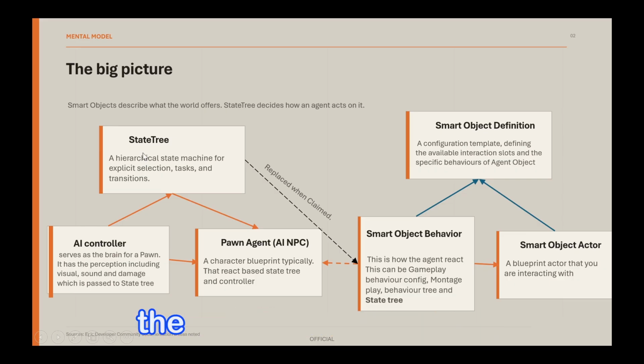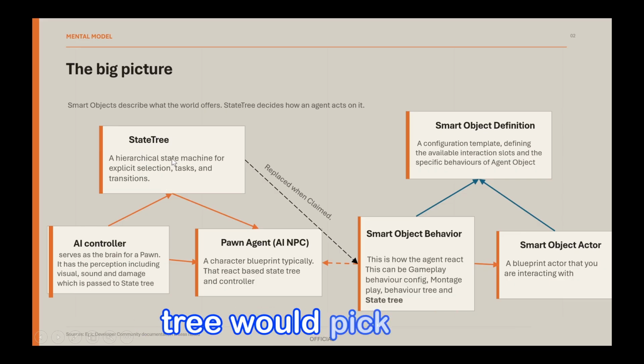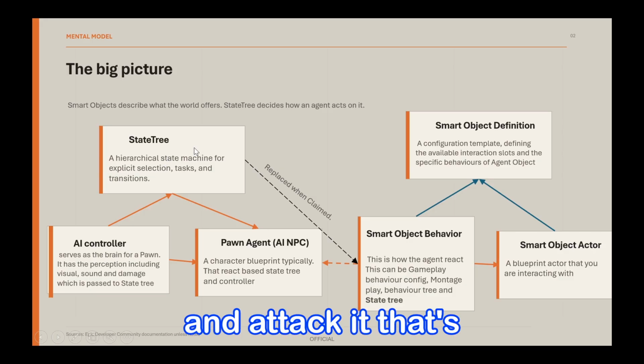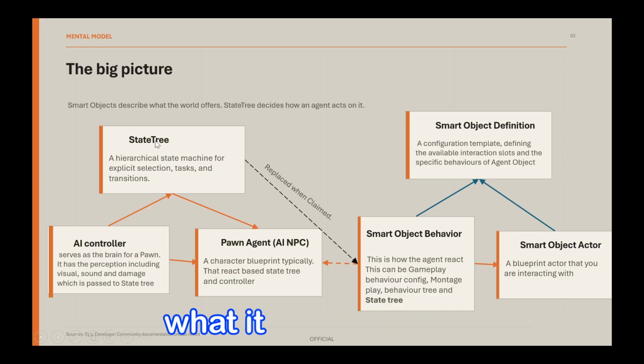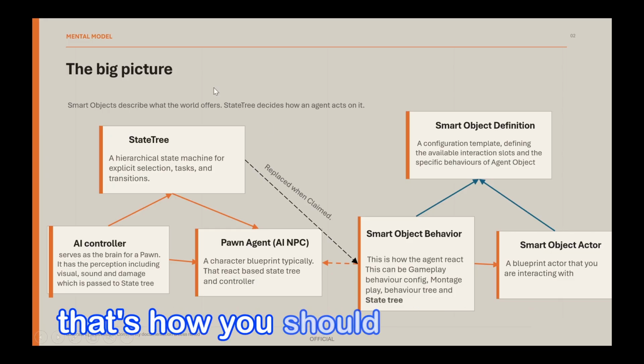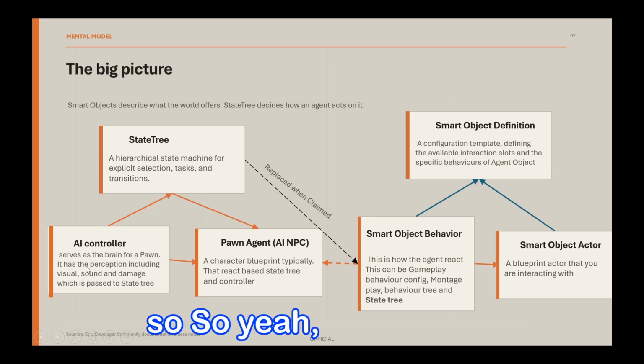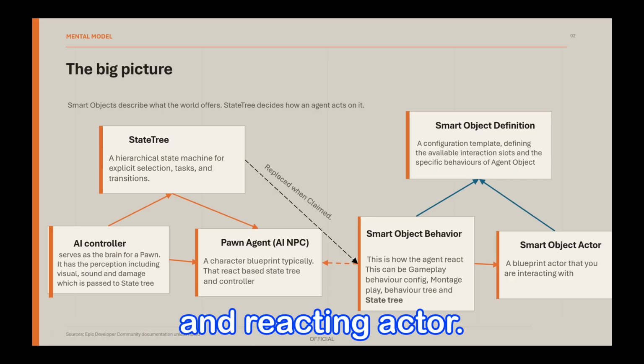So let's say it sees the enemy, then the state tree will pick up on that event, and it will go to that enemy and attack it. That's what its reasoning will be, and it will tell the pawn to do that. The pawn is like the set blueprint character, and it basically reacts based on state tree information. So that's how you should think about it: brain, logic, and reacting actor.